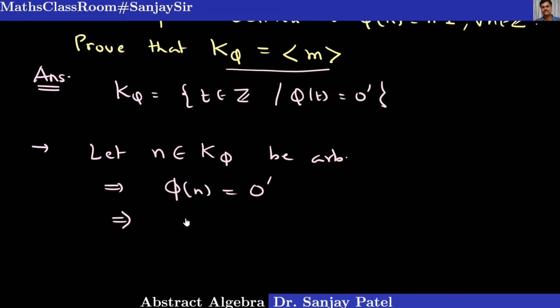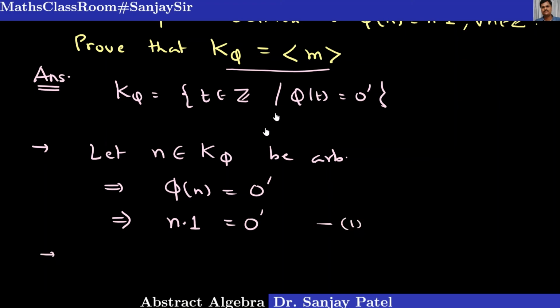But what is phi of n? Phi of n is this function, it is n times 1. So I can write n into 1 is equal to 0 dash. Okay. So what I have proved is for the integer n, because n belongs to K phi, we have n into 1 is equal to 0.